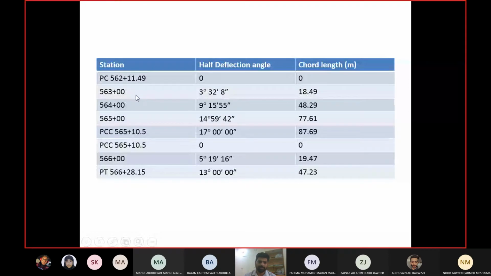For the second, you are going from 562 plus 11.49 to the next station. After 562, the next station is 563.